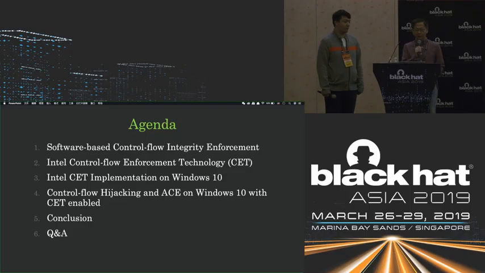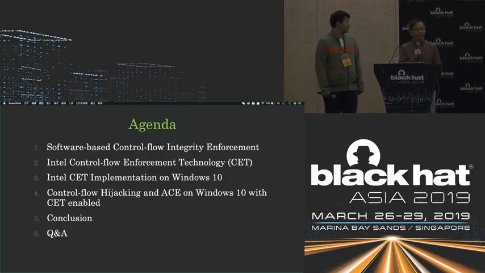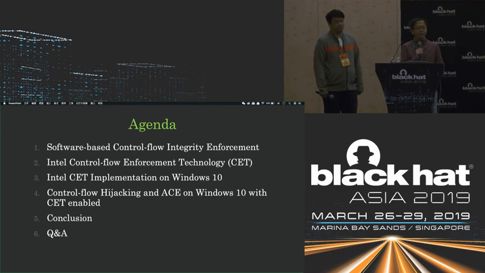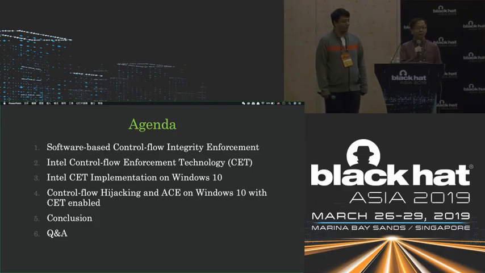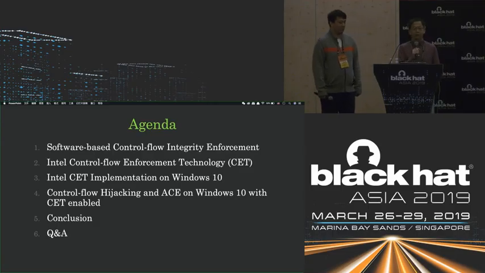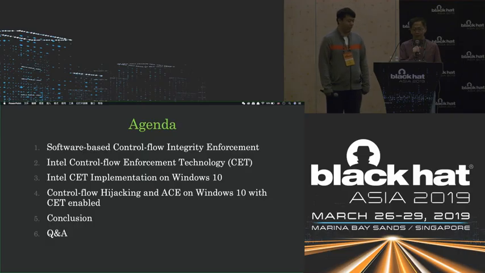Now here is the agenda. Our topic is how to survive the hardware-assisted CET, the control flow enforcement technology. So we would like to start from a little bit of history, where we describe the software solution first for the control flow integrity enforcement. And then based on that, we'll introduce Intel's new feature for that control flow enforcement technology, CET.